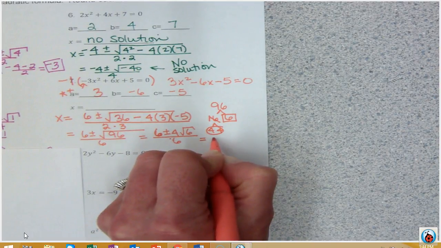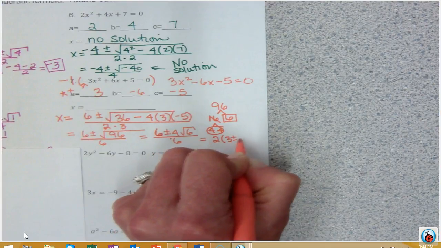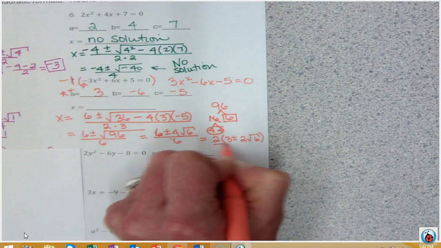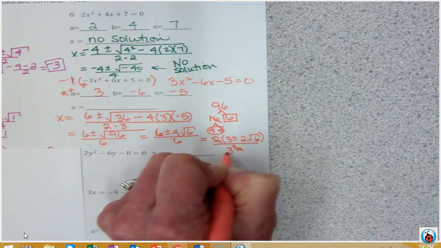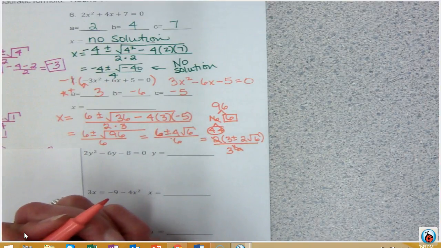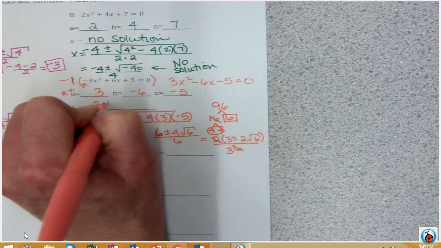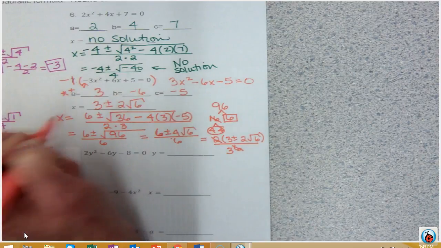So if I take a greatest common factor of 2 out, I'd be left with 3 plus or minus 2 square root of 6 divided by 6, and so my answer is 3 plus or minus 2 square root of 6.